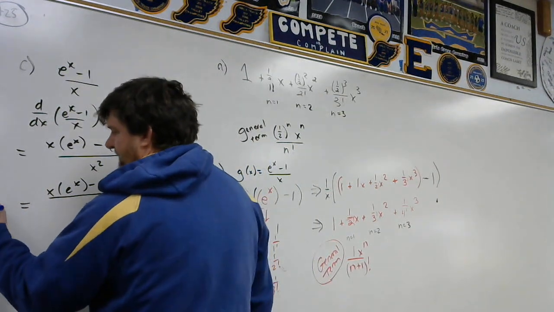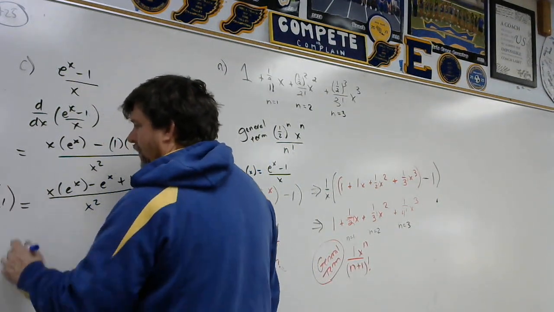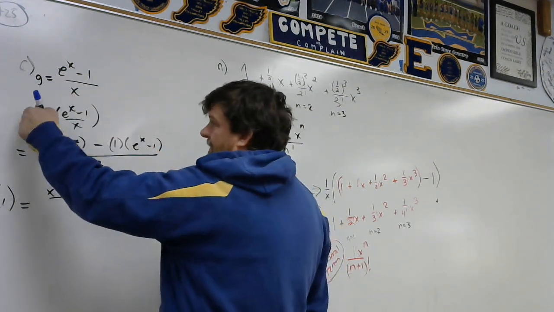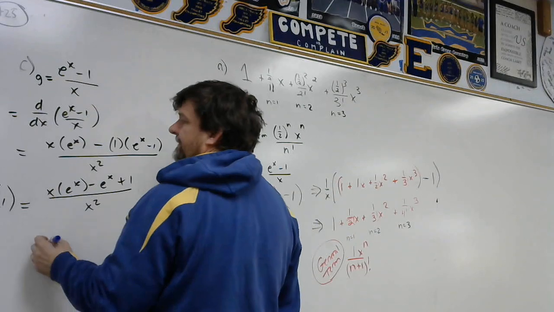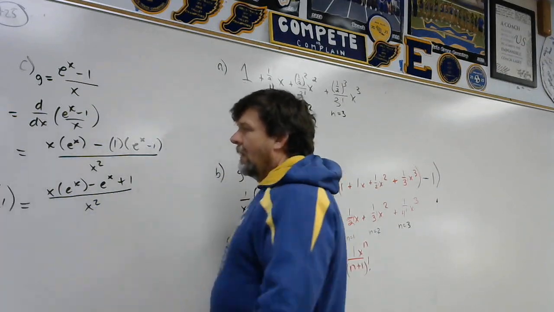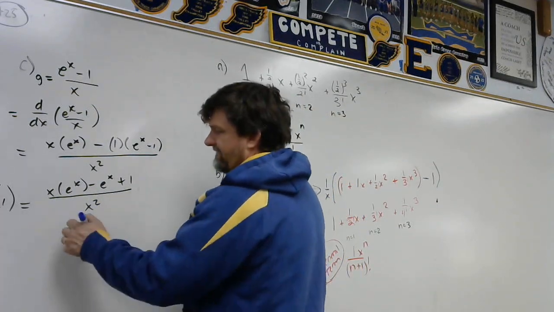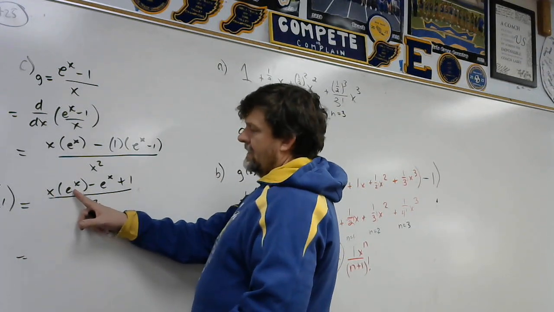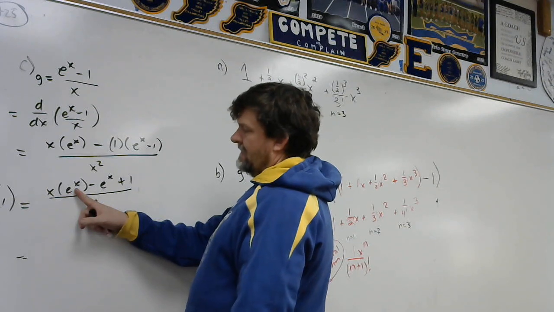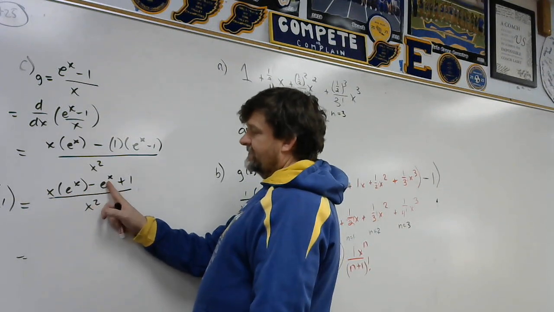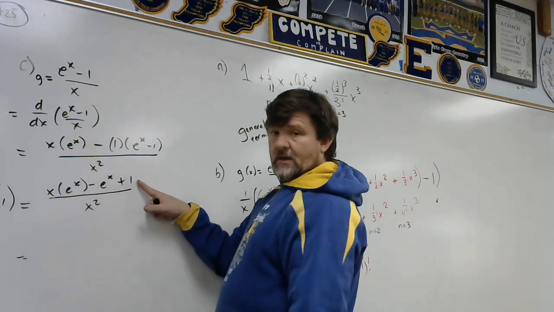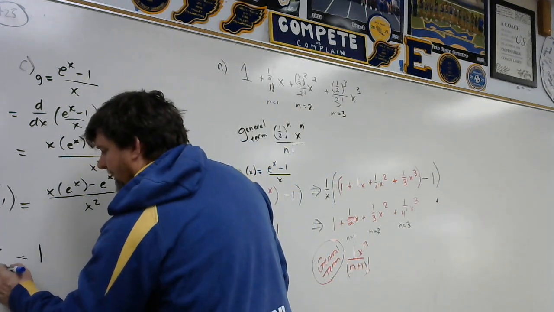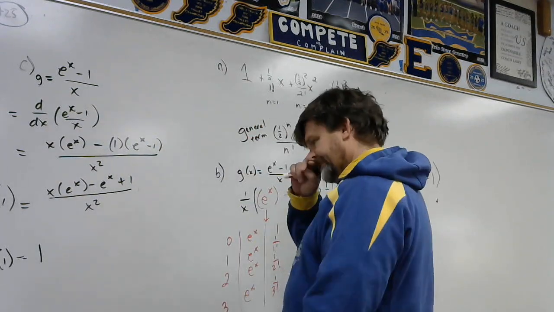And so this is going to be g prime, and they wanted to evaluate it at 1. So if I plug in 1 here, I get 1 times e to the first power minus e to the first power. Those cancel. So I get 1 over 1, which is equal to 1. So g prime of 1 is equal to 1.